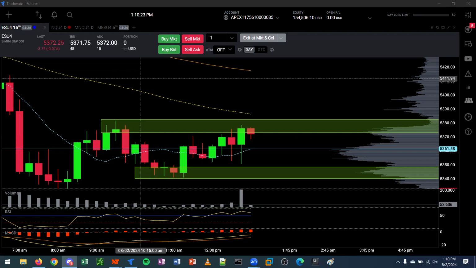I usually at max take 4 trades no matter what. But I take 4 trades per session, right? So it opens up at 1500 my time and it closes at 1400 the next day.